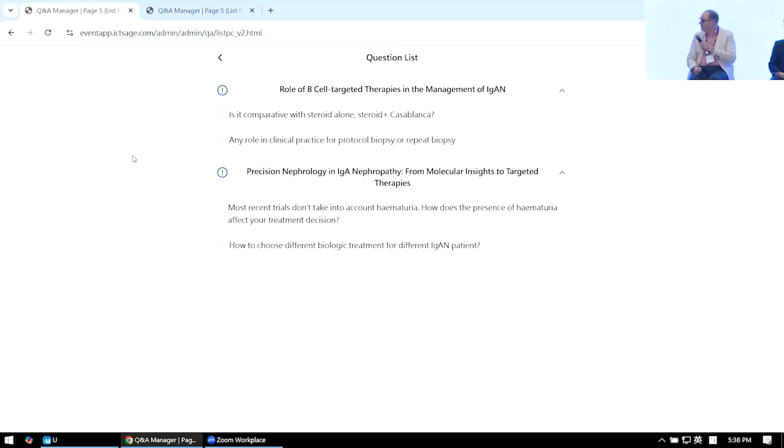If you look at the data presented at the ASN and in the 2 New England Journal papers for both an APRIL-only approach and a BAFF and APRIL approach, the safety profiles were incredibly good. There were no deaths from infections, no serious adverse events due to infections, and no new opportunistic infections.